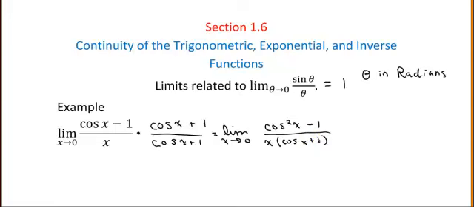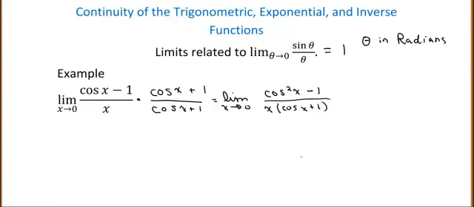Now the cosine squared of x minus 1, remember that sine squared of x plus cosine squared of x is equal to 1.